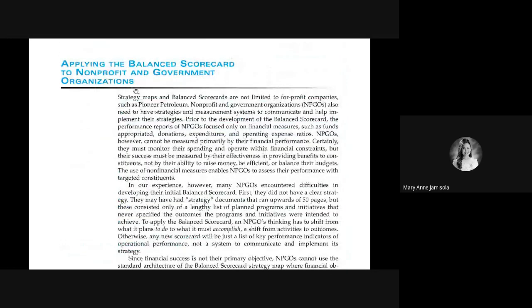So next question is, can we apply the balanced scorecard to nonprofit and government organizations? As what we have discussed so far, especially with respect to financial perspective, we look mainly at the profit of the organization.